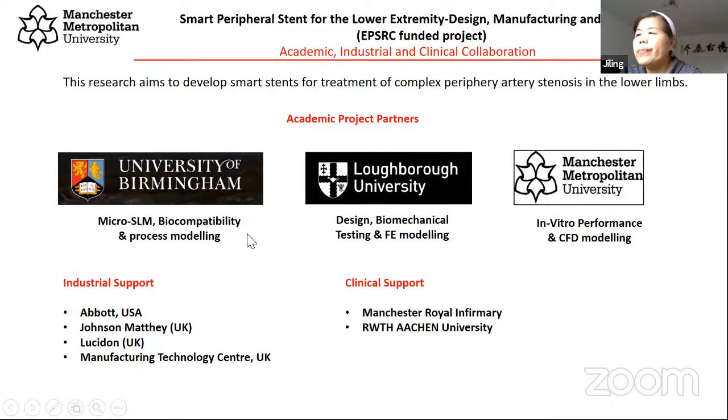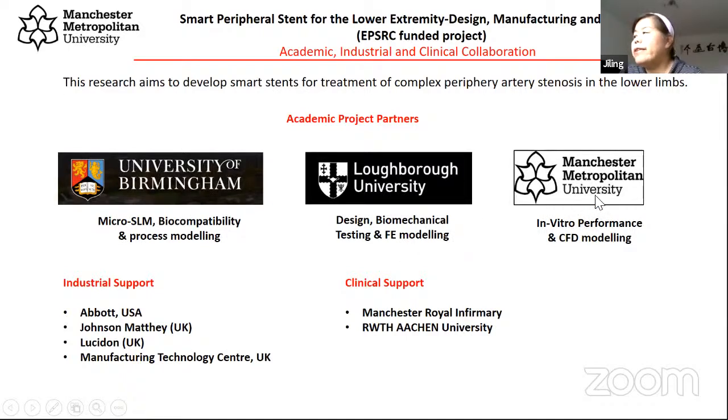In Birmingham, they use additive manufacturing to manufacture the new type of stent. And Loughborough University is responsible for the mechanical testing, design, and FE modeling.